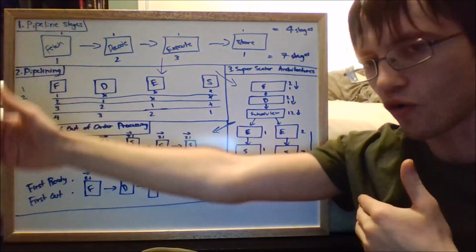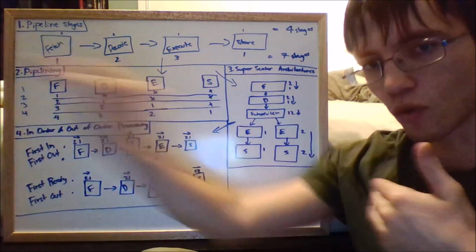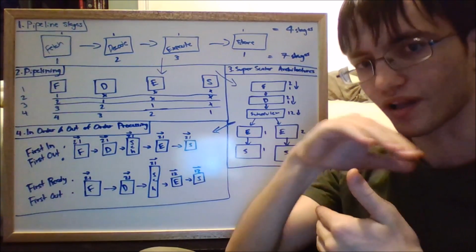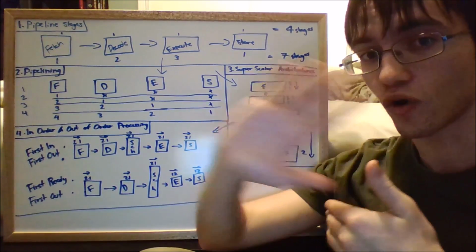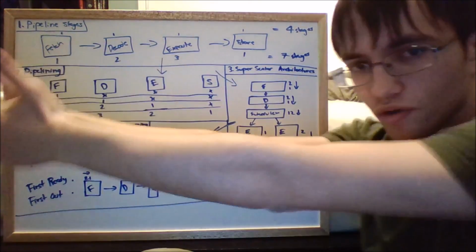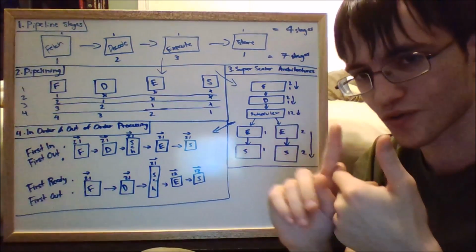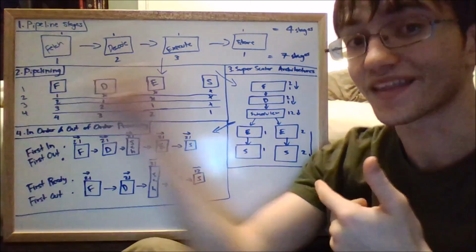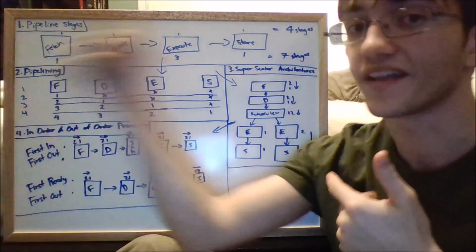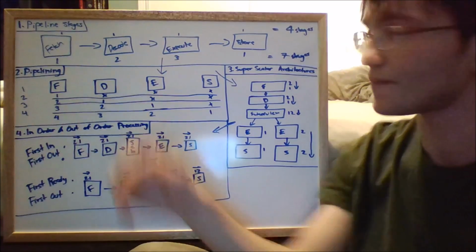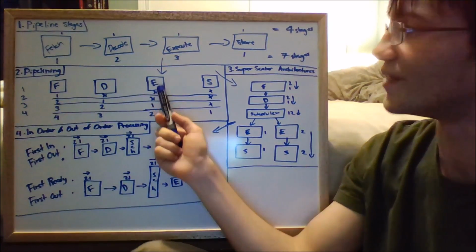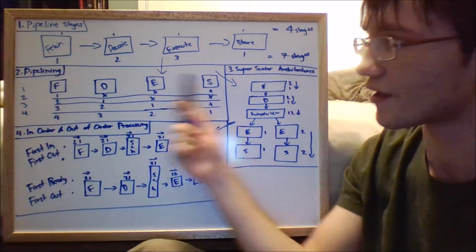It's like having 4 people who want to go across a hallway in a line. Even though it would make sense for you to all go at one time in single file down the hallway, it would basically be the first person goes, and once they reach the end of the hallway, then the second person goes, reaches the end, then the third starts, finishes, fourth starts, finishes. That's very inefficient, because that one instruction could be in the execute step, and store will be doing nothing, decode will be doing nothing, and fetch will be doing nothing.